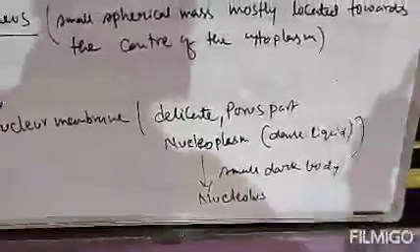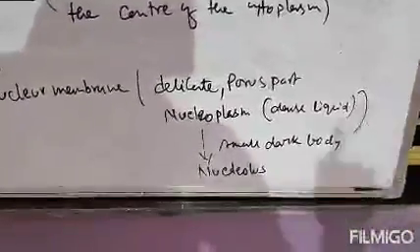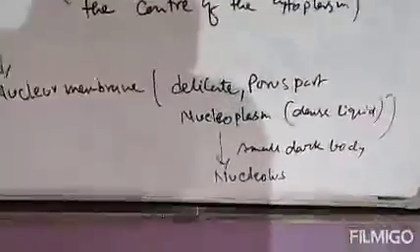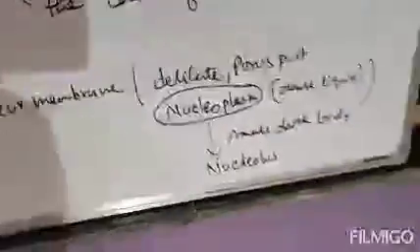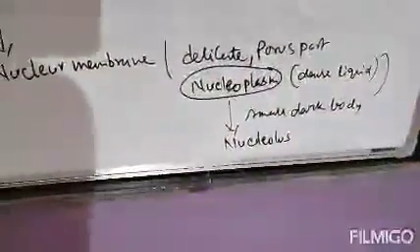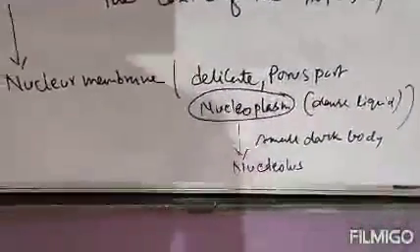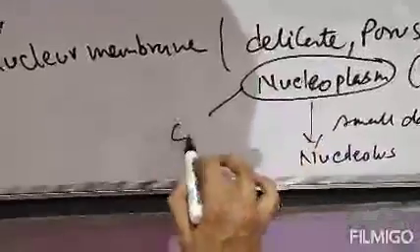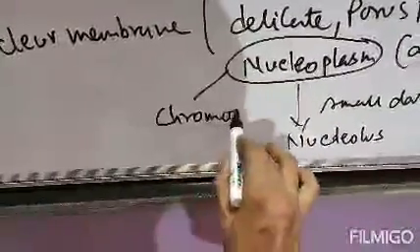Clear? So inside the nucleoplasm there is a small dark body, which is our nucleolus. Now besides the nucleolus, this nucleoplasm also contains chromosomes.